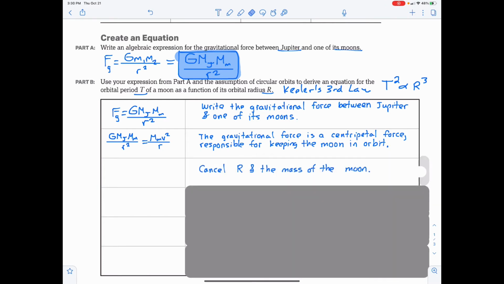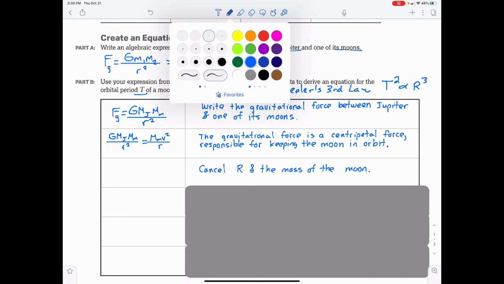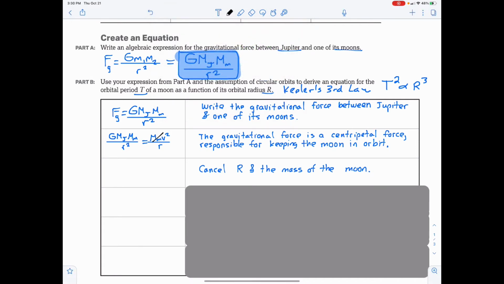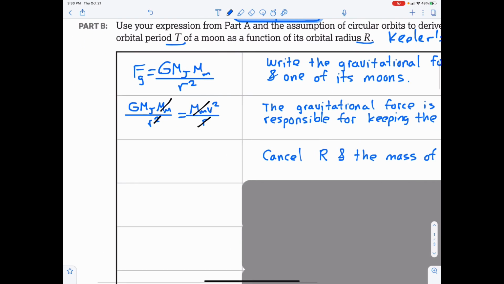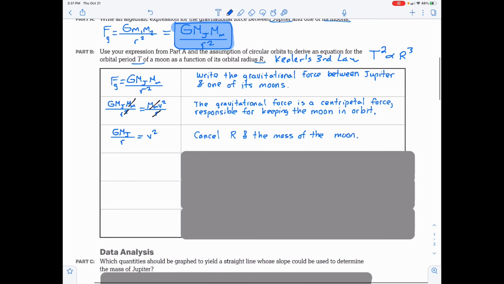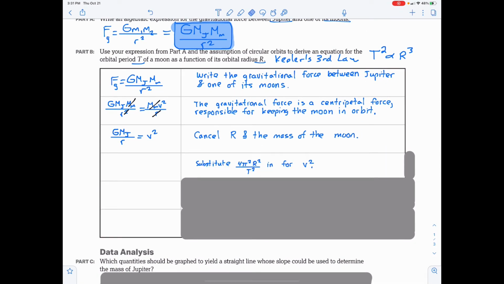Next, cancel r and the mass of the moon. The mass of the moon cancels, and one factor of r cancels. We're left with G M_J over r equals v squared. Now, we're going to substitute 4 pi squared r squared over T squared for v squared. Where did we get this?